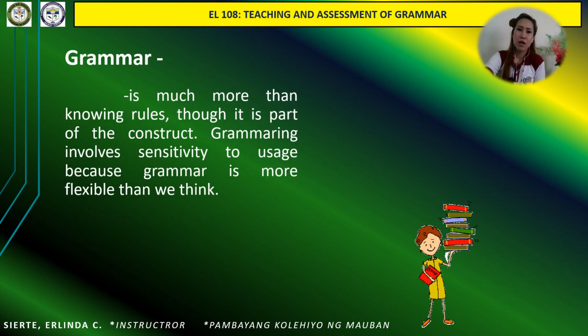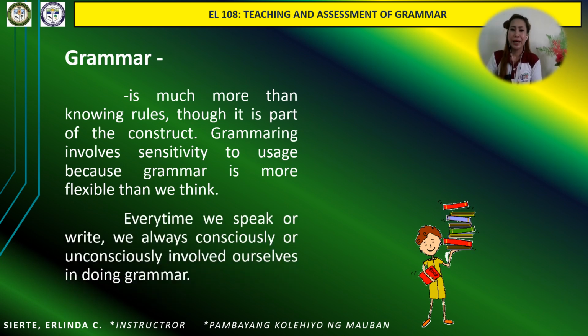So far, grammar is much more than knowing rules, though it is part of the construct. Grammar involves sensitivity to usage because grammar is, of course, more flexible than we think. And every time we speak or write, we always, consciously or unconsciously, involve ourselves in doing grammar.